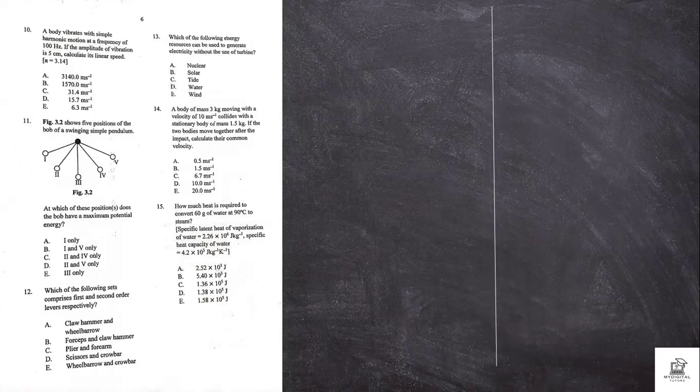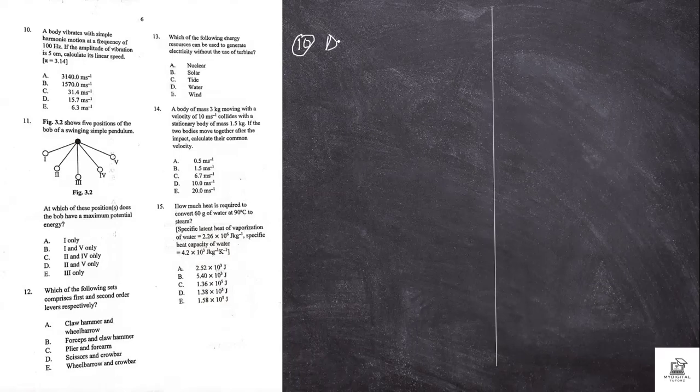Question 10 says, a body vibrates with simple harmonic motion at a frequency of 100 Hz. If the amplitude of vibration is 5 centimeters, calculate its linear speed, given that pi is 3.14. So question 10.